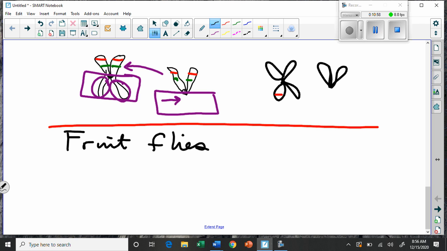So if you have a fruit fly, here are the possible alleles that you can get. You can have an X chromosome that carries a red eye gene. You can have an X chromosome that carries the recessive version, which is a white eye gene. So this is the red eye, and this is the white eye.